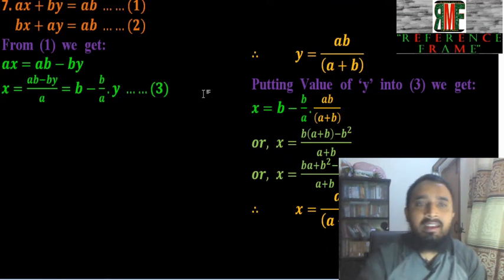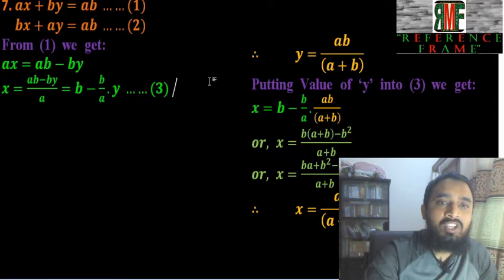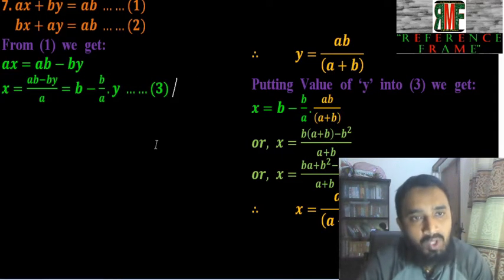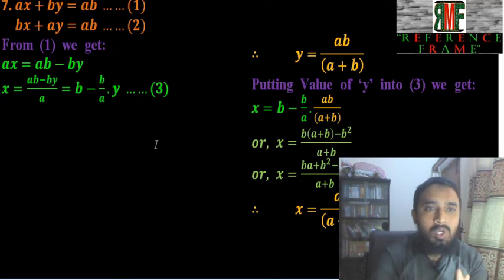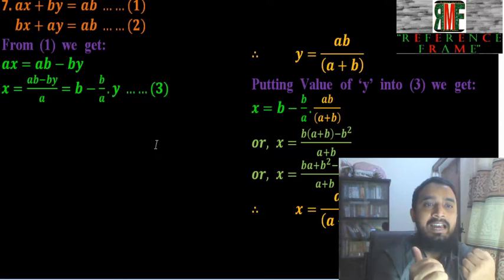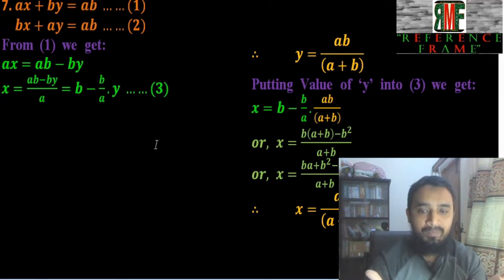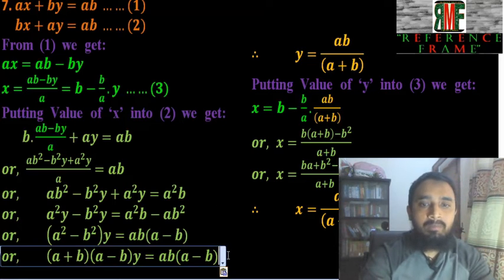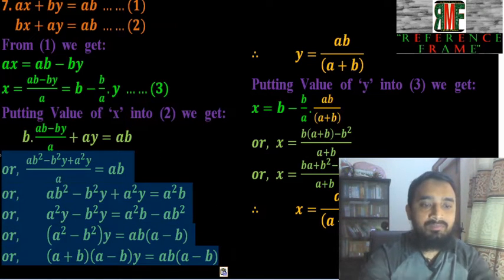Since we got this value from equation 1, we just need to put it into equation 2. Okay, let us move on to putting that value. So look, by putting the value, what are you going to have?